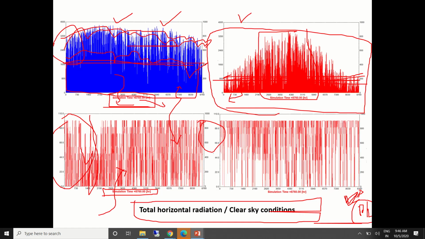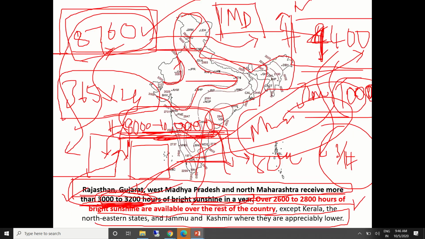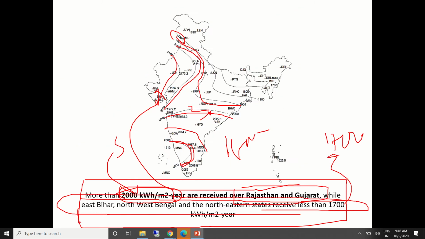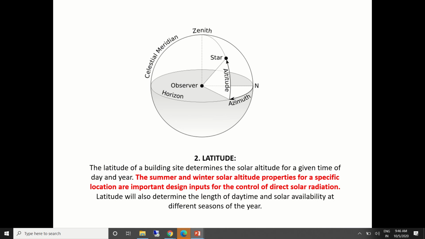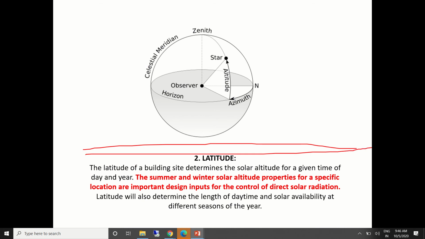So we were all discussing this from the climate perspective. Daylight is greatly influenced by the climatic conditions of the region. The second parameter that influences daylight is the latitude.